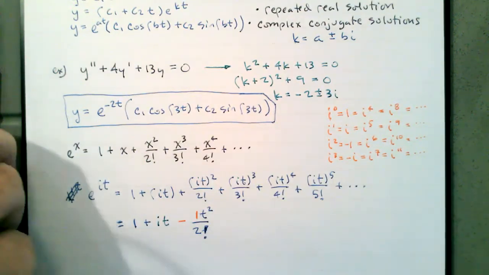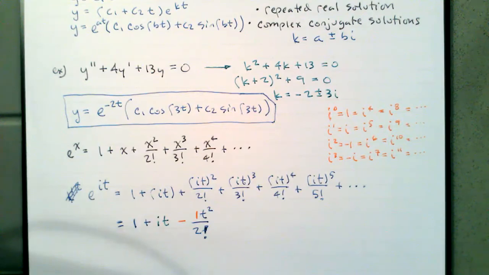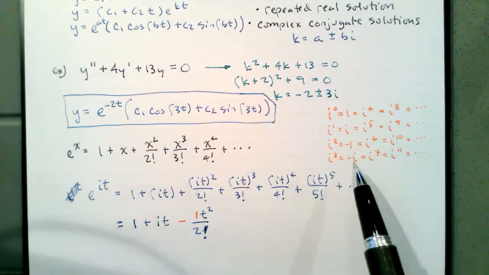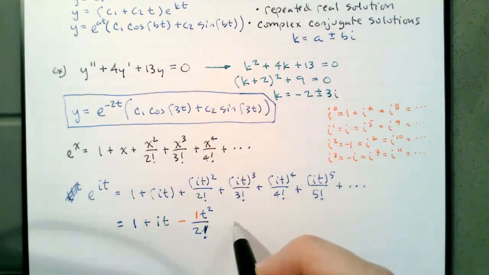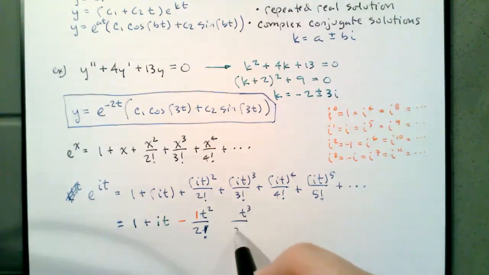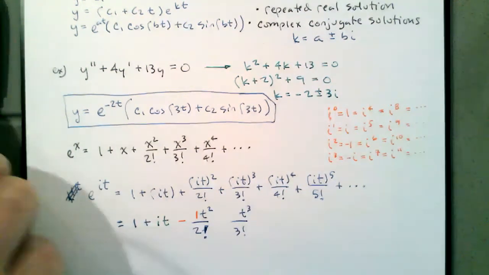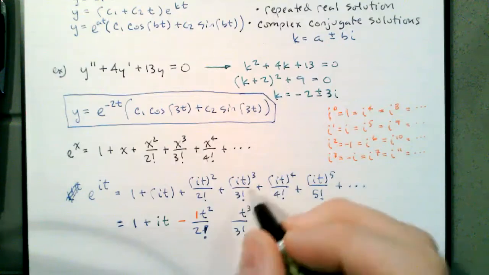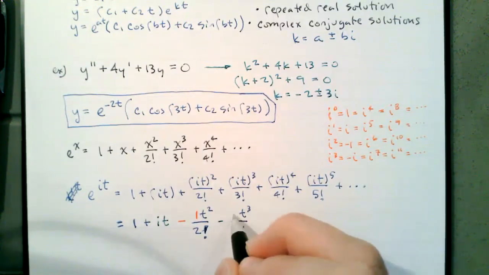The next term has an i cubed, and i cubed is just -i. So I'll still have a t cubed and a 3 factorial, but i cubed is -i.